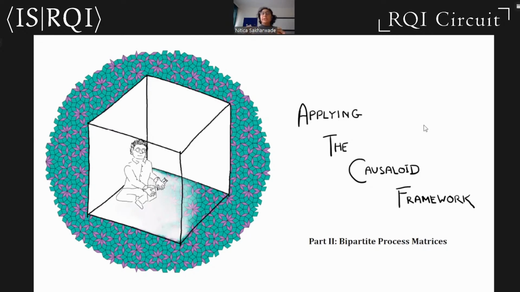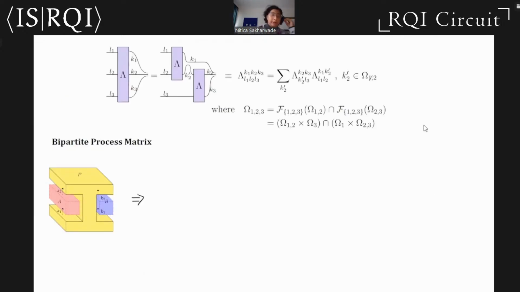So the next question was, we know some frameworks such as the bipartite process matrices, which have post-quantumness, and how they would look within this framework. Again, it's the same equation we started with, regions 1 and 2 causally adjacent and regions 2 and 3 causally adjacent.